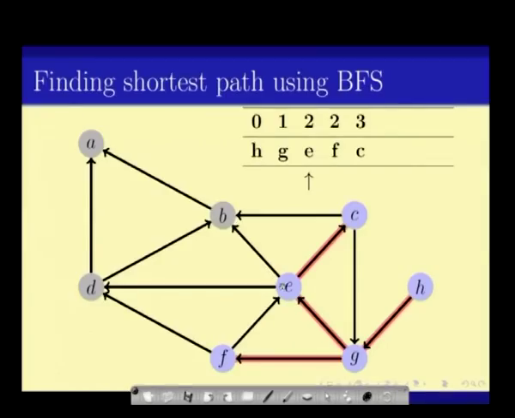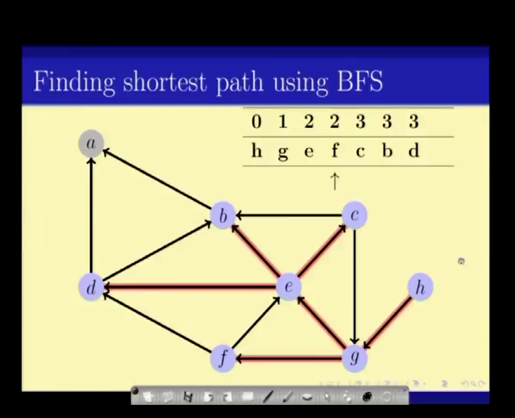So, let us go over it again. Here we are looking at vertex E. We look at the second neighbor of E, which is B, and we write the distance from B to H as again 3, because the distance of E is 2, and so B is 2 plus 1, which is 3.